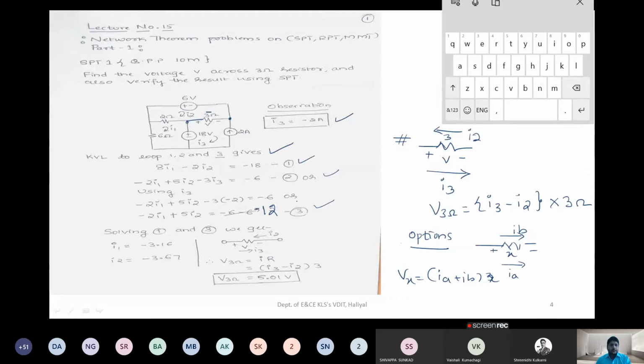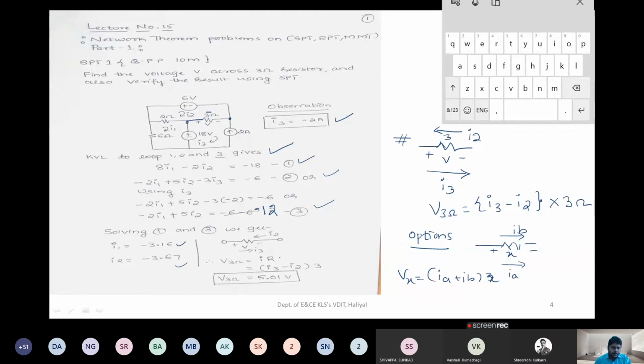You can use your calculator and solve for the 2 unknowns, I1 and I2. I am getting I1 and I2 as minus 3.16 and minus 3.67.